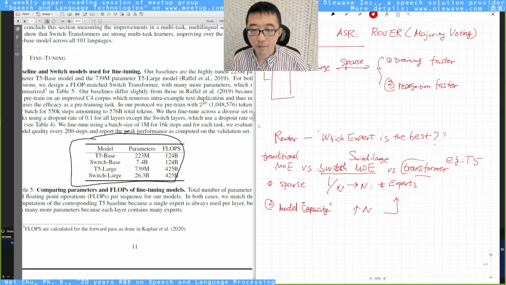You can see that the traditional transformer has a model capacity way less than the switch transformer, about 30 times smaller.